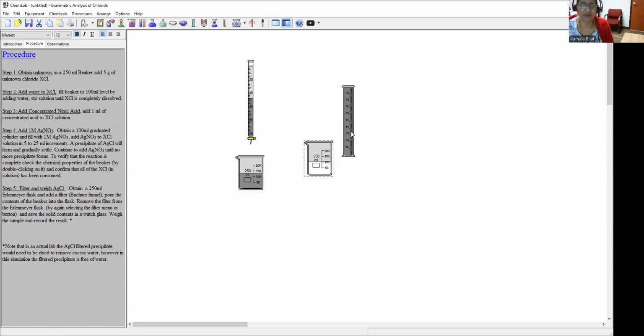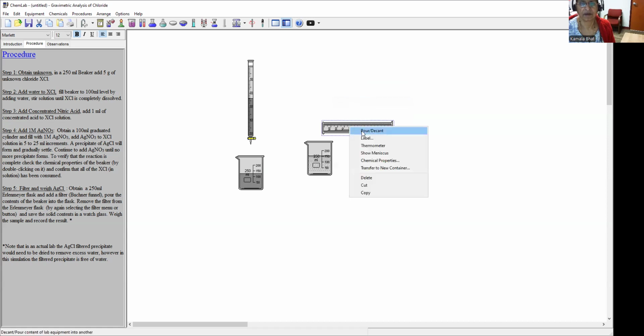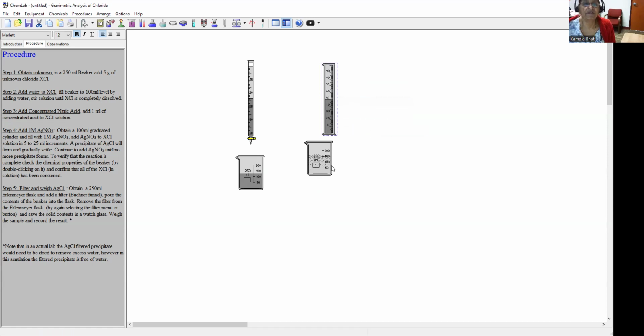And once we stir it up, then we can use the pour and decant. You see I've added about, let me, okay, I've added 50 mLs, and you can see as the particles are forming, you will see how nicely, because of the acid, it will settle down.